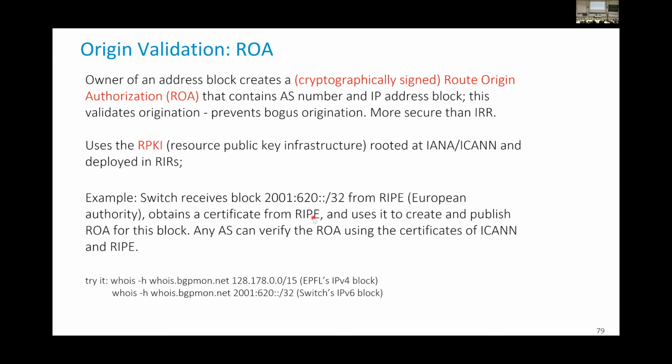Then it obtains a certificate from RIPE and can use it to create and publish what is called a route origin authorization, which is a message or a block of information that guarantees that this block belongs to Switch, and this message is signed by the public key of RIPE, which is itself well known by all registries. So any AS can verify this certificate.